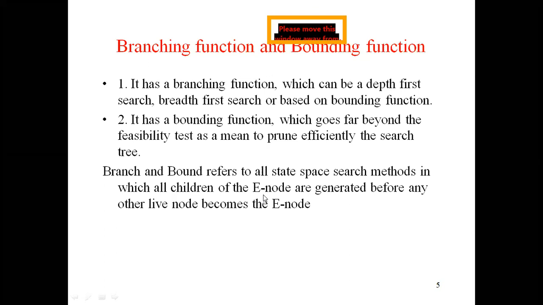So what is a branching function and a bounding function in the branch and bound technique? It has a branching function, which can be depth first search, breadth first search, or based on a bounding function.